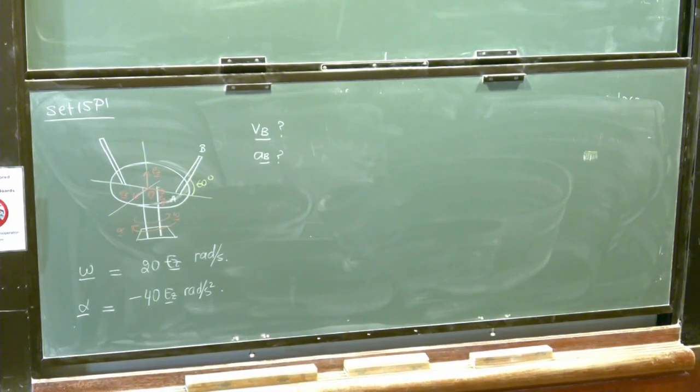Okay, so any ideas? What do we think? How are we going to determine VB?